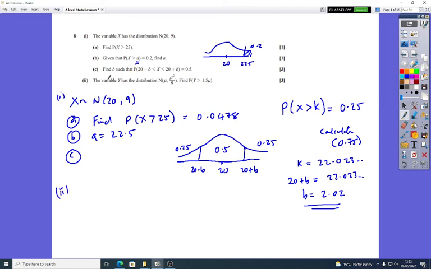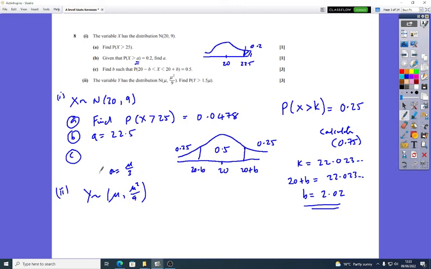Here, the variable y has this distribution, so I'm going to write down y as a normal distribution of mu and mu squared over 9. This is the variance. Notice that if that's the variance, sigma, the standard deviation, is just going to be mu over 3, because you just square root that.